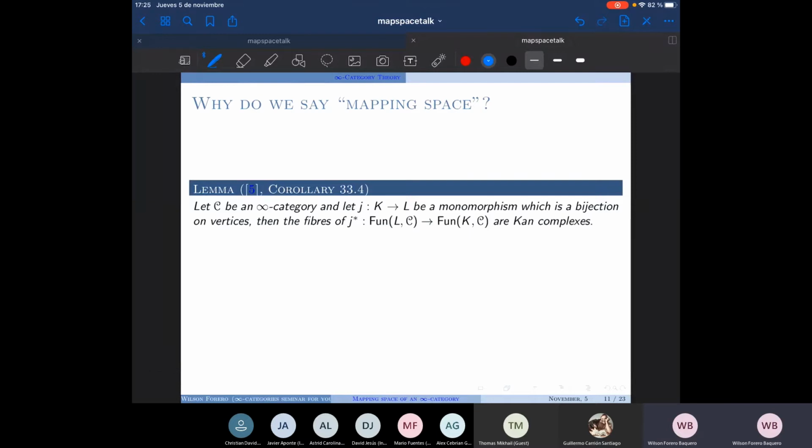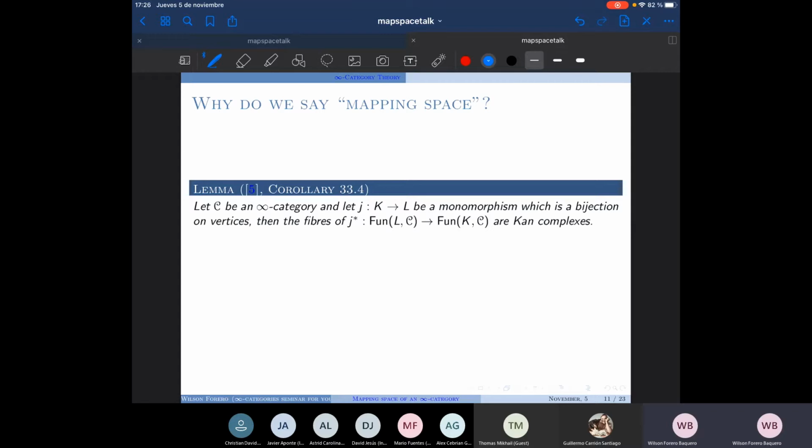But now, why do we say mapping space? We have to remember the first slide, the homotopy hypothesis: that infinity groupoids are the same as topological spaces, and a Kan complex can be seen as an infinity groupoid. So we have to prove that the simplicial set of the connections from X to Y in an infinity category is a Kan complex.